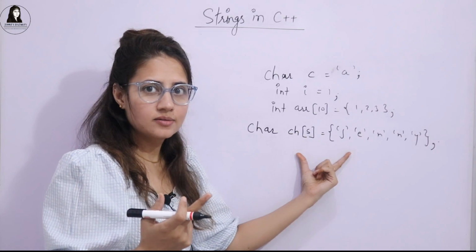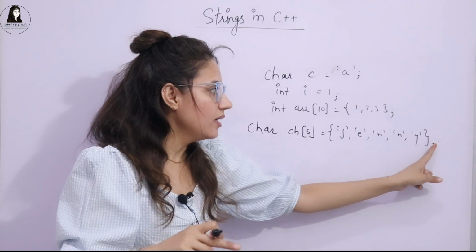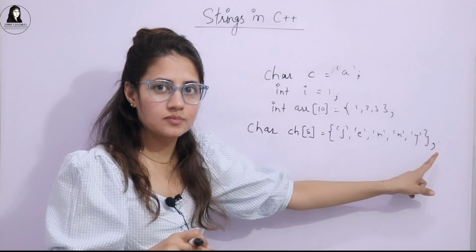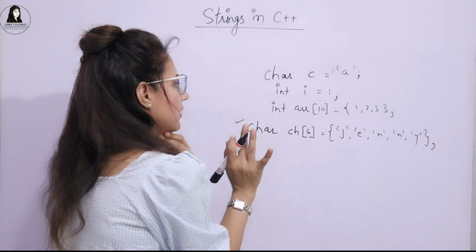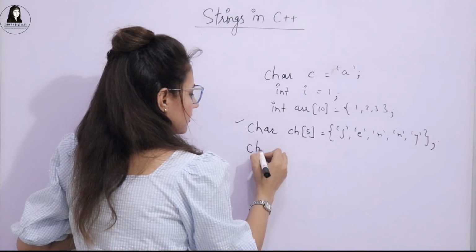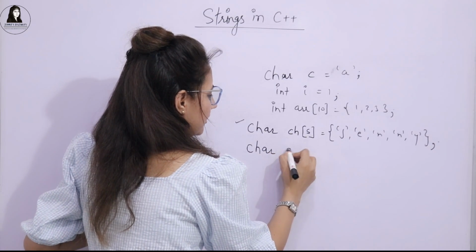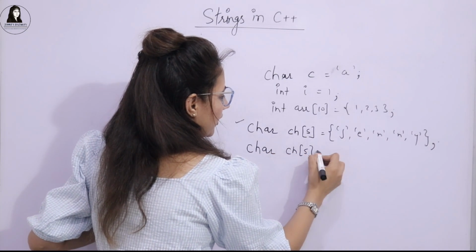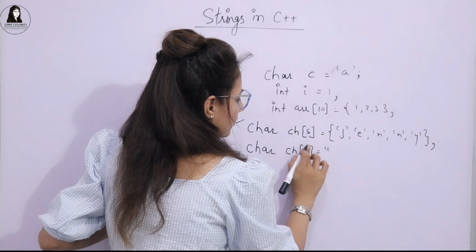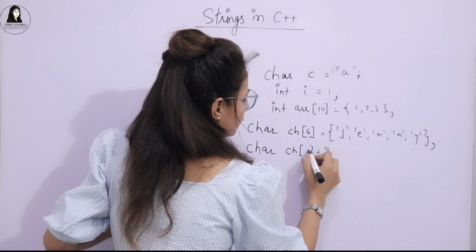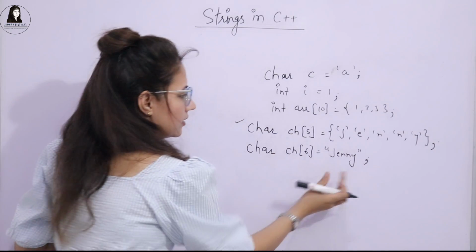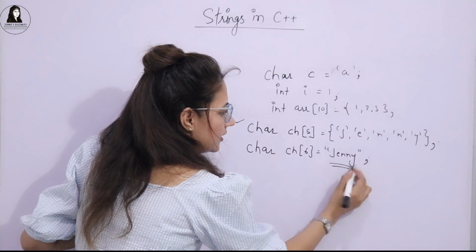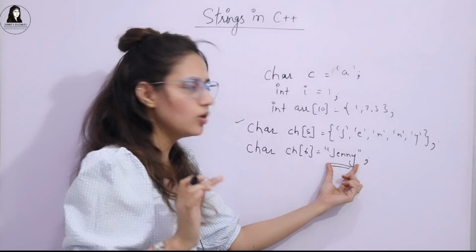A character array is not having null at the end, right? So yeah, this is fine, this is a character array. But if I write something like this, like char ch[5] and then "Jenny" in double quotes, what is this? A string literal.